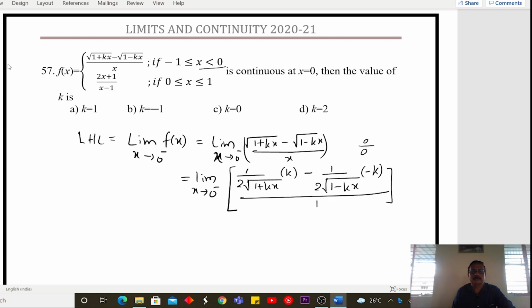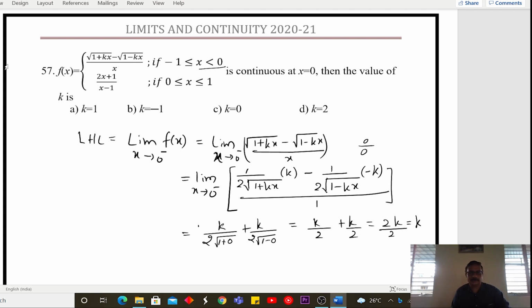That is equal to, putting x equal to 0, k divided by 2 root of 1 plus 0, into k, minus into minus plus k by 2 root of 1 minus k into 0, that is k by 2 plus k by 2, that is 2k divided by 2, which is equal to k.